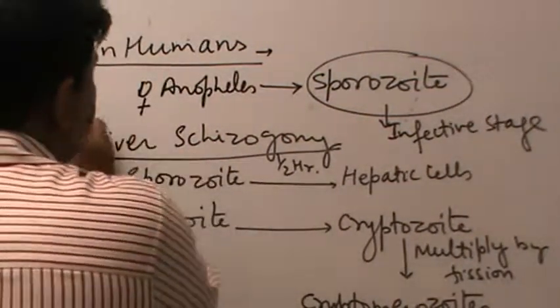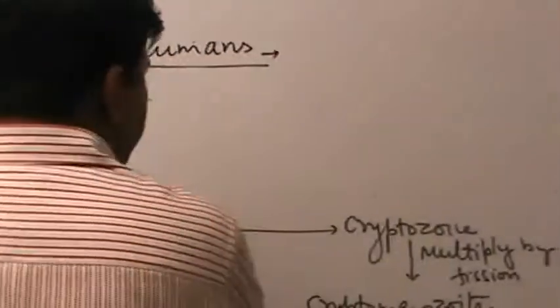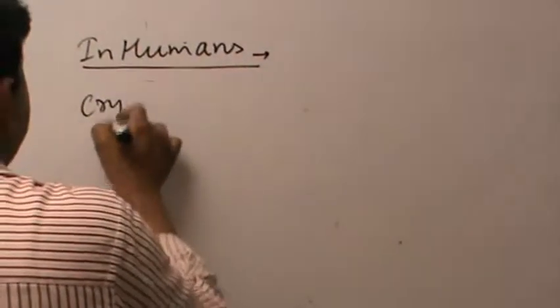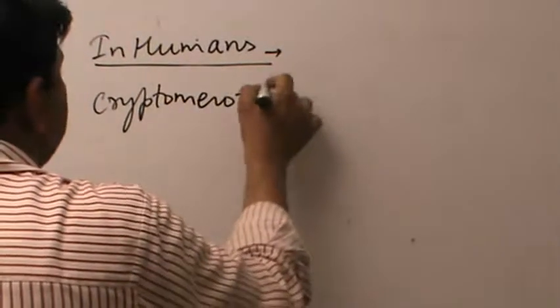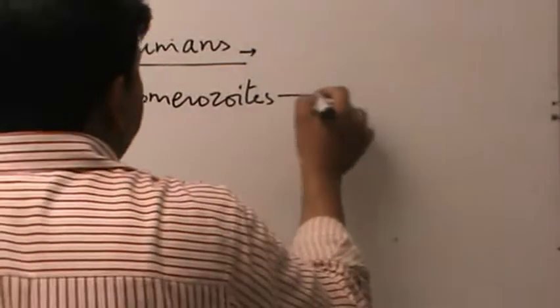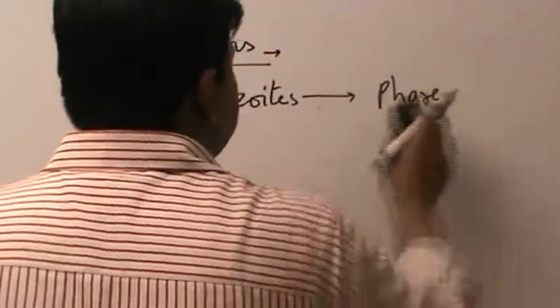Now these cryptomerozoites will be converted into a different stage. The cryptomerozoite will be converted into phanerozoites.